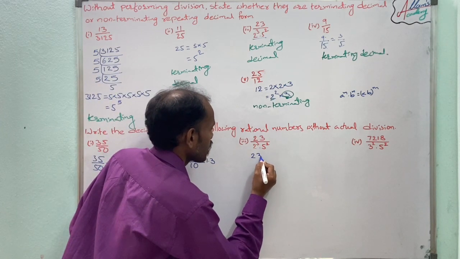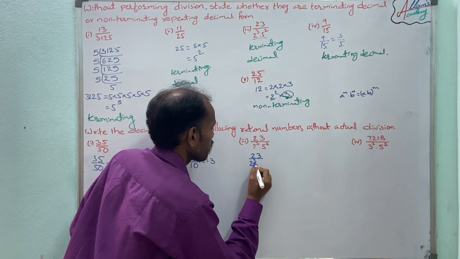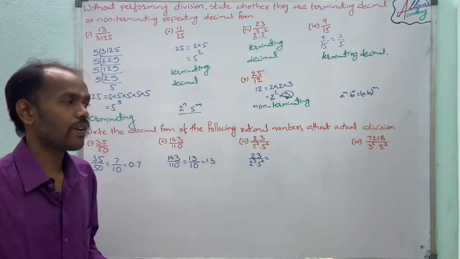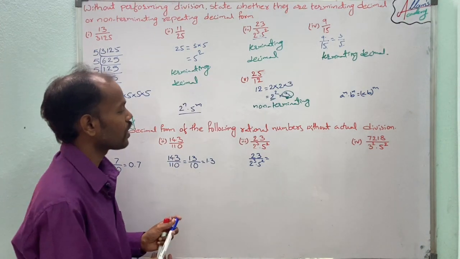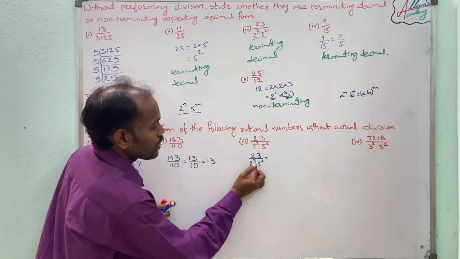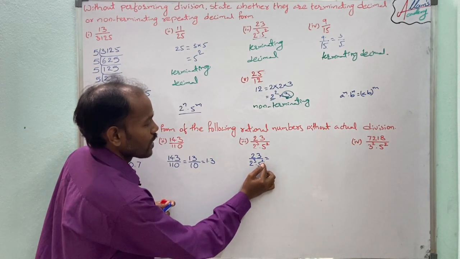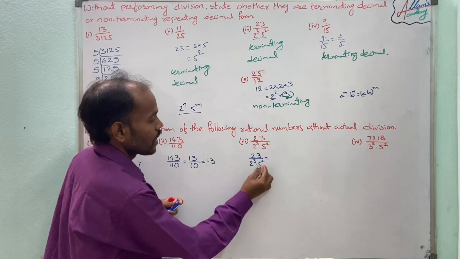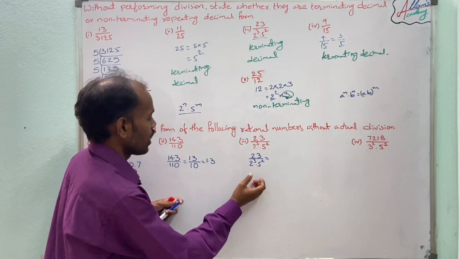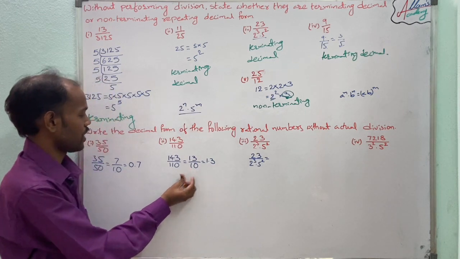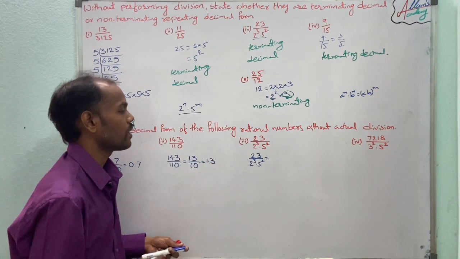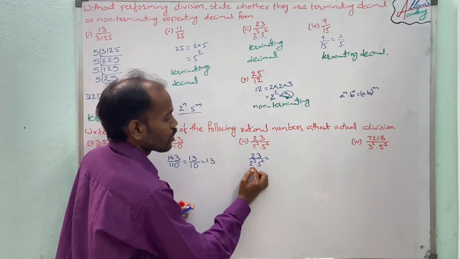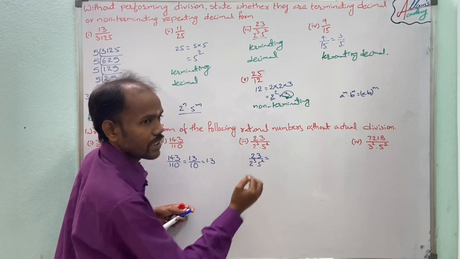Now we see 23 by 2 cube into 5 square in decimal form. It is in the simplest form only. The denominator has 2 three times and 5 two times. To make the denominator 10 or a multiple of 10, we need one more 5, so that 2 and 5 each appear 3 times.